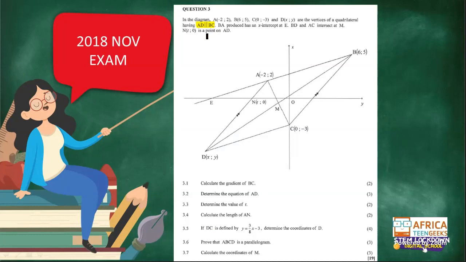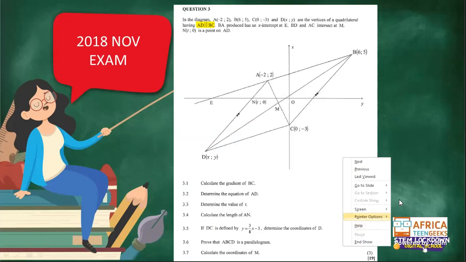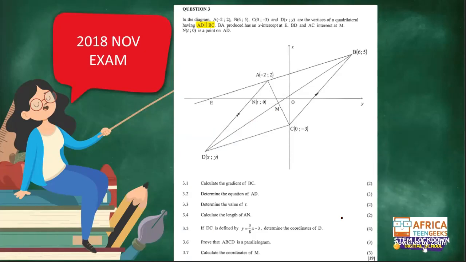So what do you know about parallel lines? Before we even go to the questions, what do you know about parallel lines? Something to do with their gradient. Remember in the previous classes? If we have parallel lines, the gradient of AD, so what's the relationship between the gradients?